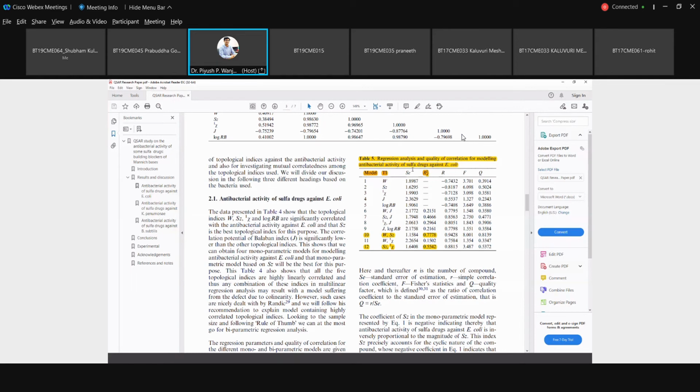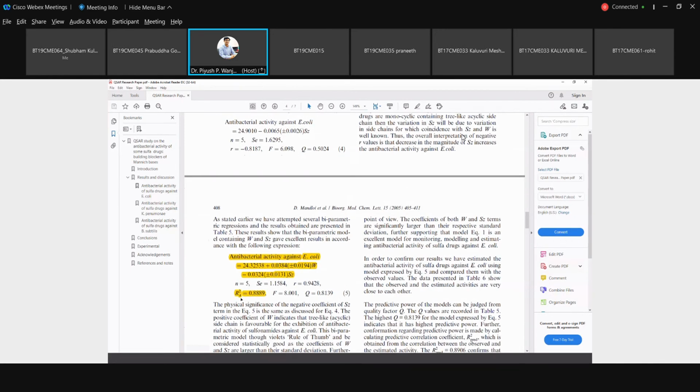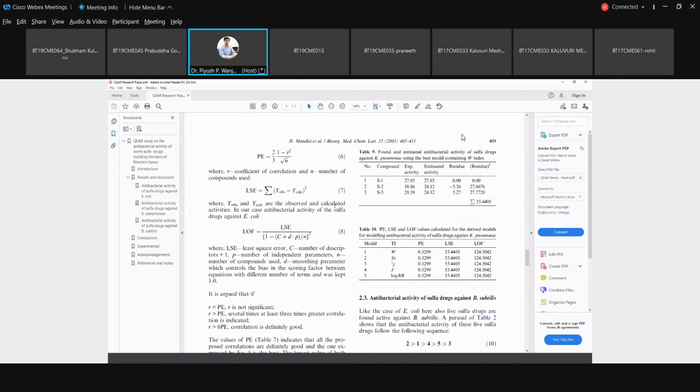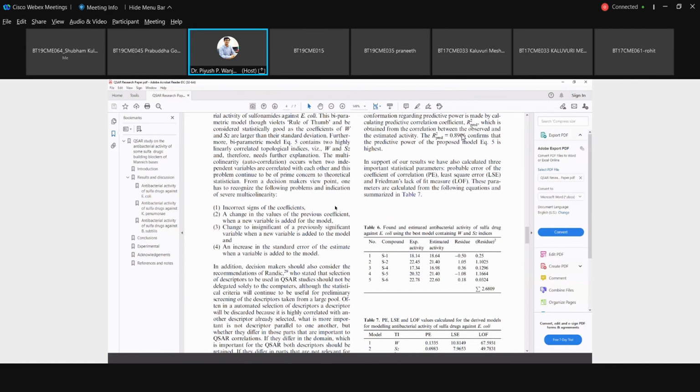In this table you can see the R square value, which is the adjusted R square value they have determined, and it shows a good amount of correlation between the Wiener index and the antibacterial activity. Based on this they did some other calculations. Now only this much information we need from this paper so that you can do your own assignment.